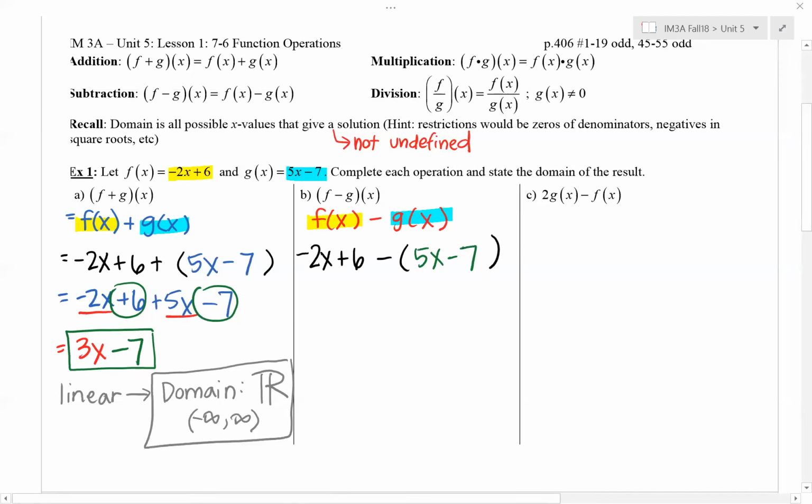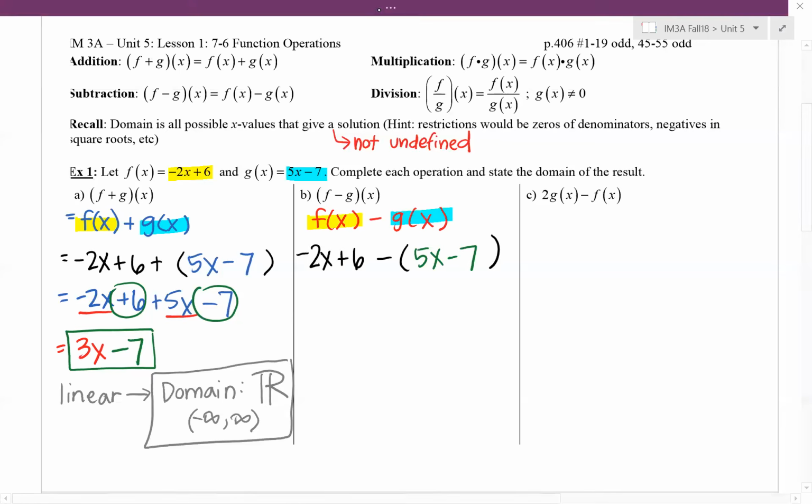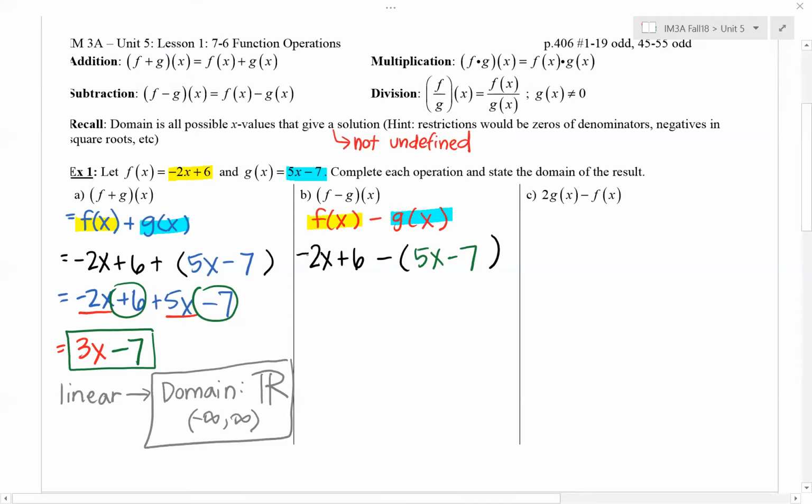What happens when we subtract is the signs on g change. So negative 2x plus 6 is going to stay the same, but I'm going to change the signs here. So I have a minus 5x and then plus 7. So now when I combine like terms, my x terms, I have negative 2x plus negative 5x. So that's going to give us negative 7x.